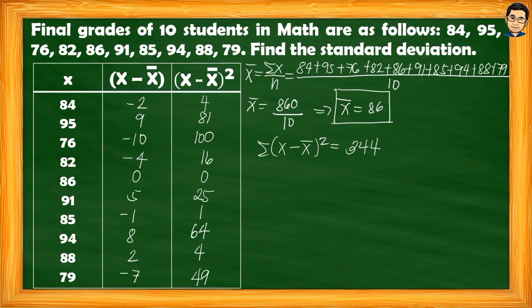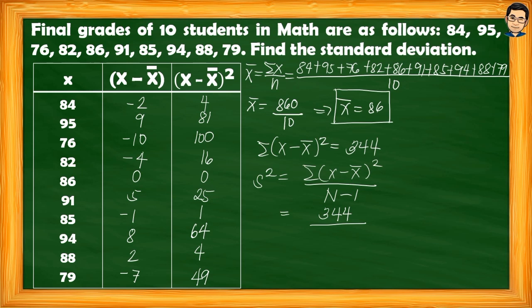So, apply natin yung formula for variance. Yung nakuha nating summation is 344, di ba? Divide natin sa n minus 1. N is 10.